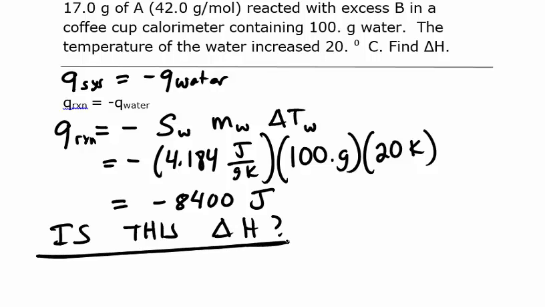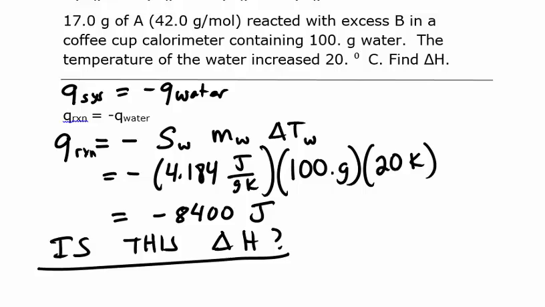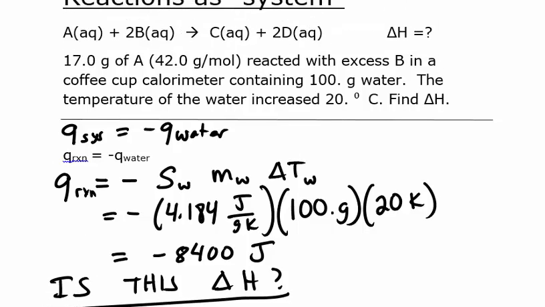For the reaction. Okay, so we used some amount of A and reacted it and got some amount of heat, but what if we used twice as much A or different numbers? So basically we never used the fact that we had 17 grams of A, which means that we haven't actually found out the heat for the general reaction.